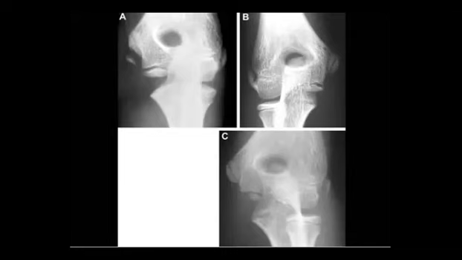So what happened here in A and B and C? Avulsion of the medial epicondyle. Perfect. So there is an avulsion of the medial epicondyle.